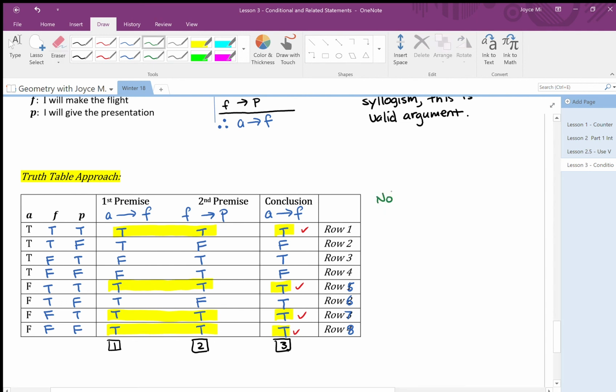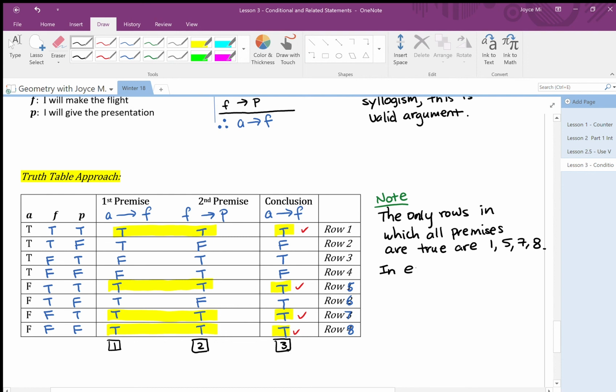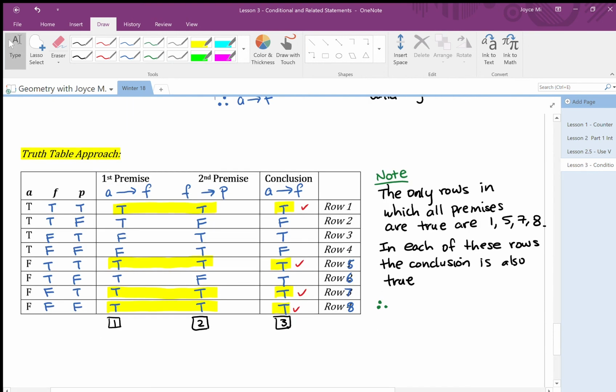Note: the only rows in which all the premises are true are, let me list them out first, 1, 5, 7, 8, and in each of these rows, the conclusion is also true. Therefore, the argument is valid.